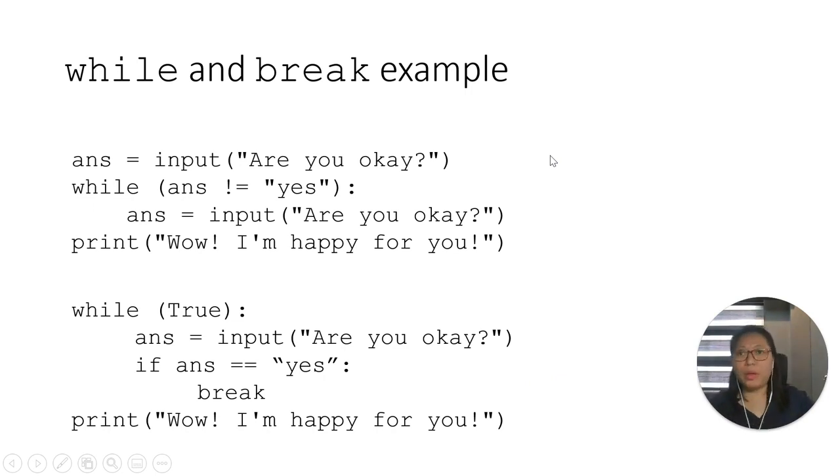In the are you okay problem, I showed earlier the solution, or the code, for the problem. And we can have another code for that, or a variation to that code, which is here. So we can loop while true. This means there won't be a way to exit this loop by checking the condition alone, because this will always be true. Inside the loop, ans gets input, are you okay?